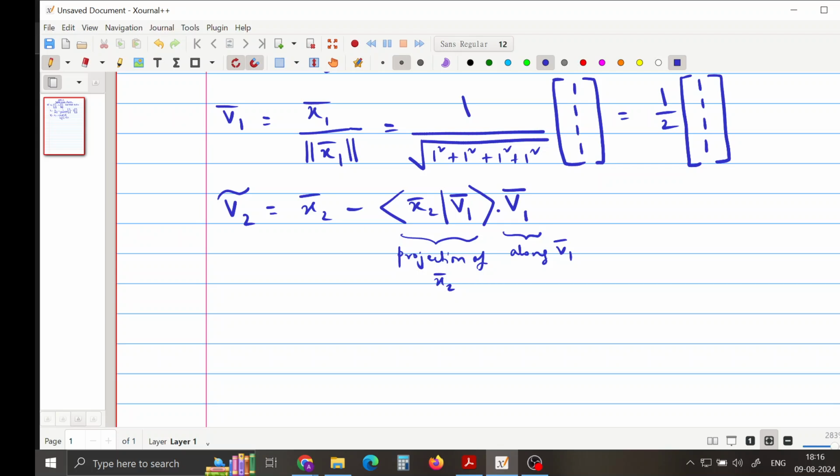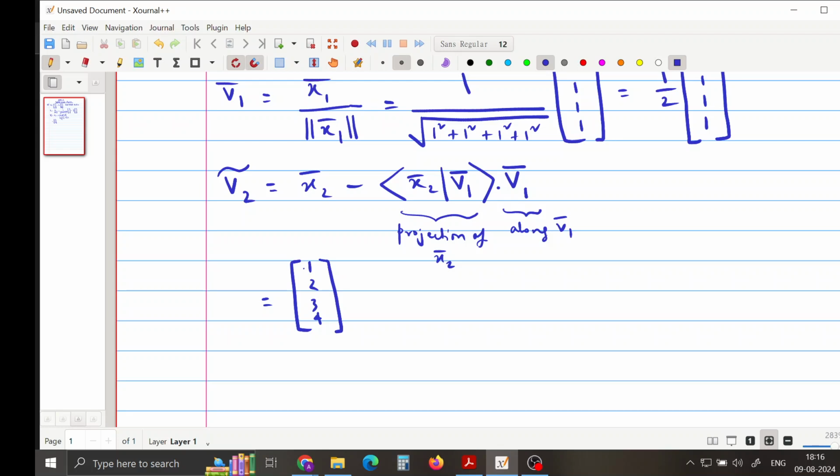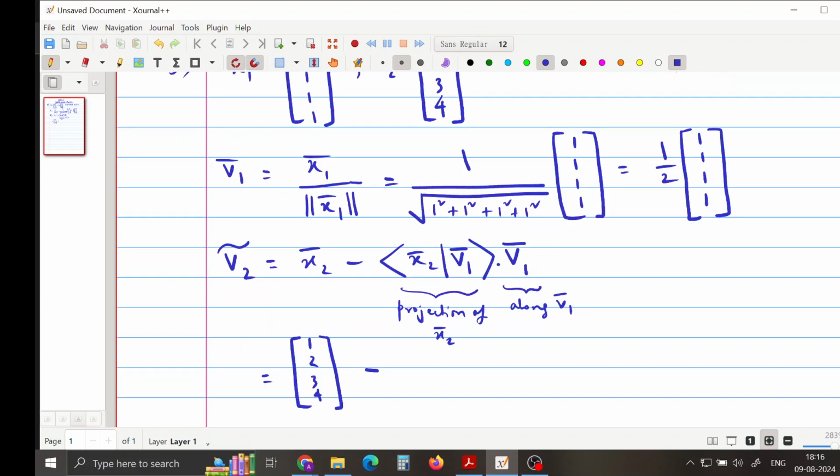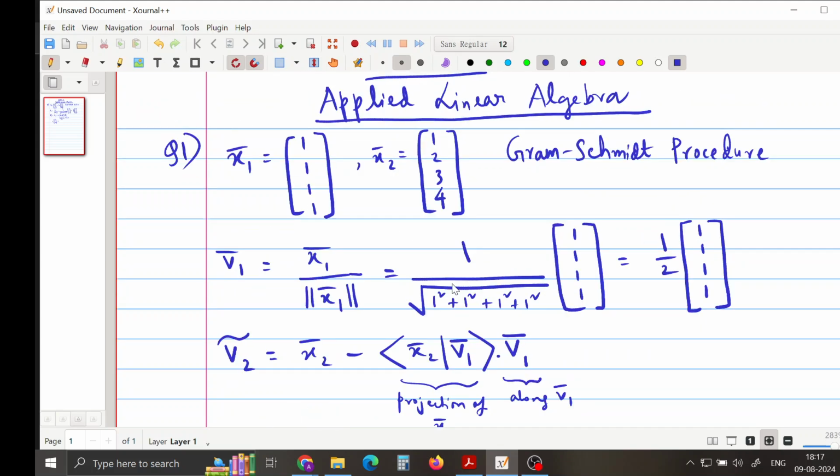So let's find it first. What is x2 bar? Given in the question, it is 1, 2, 3, 4, right? Yes, x2 bar is 1, 2, 3, 4. And how do you find this projection? This inner product of x2 and v1, you basically take the pointwise product and add them up. We have seen this in the first 2 weeks extensively.